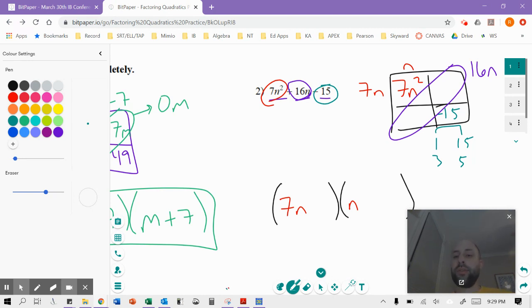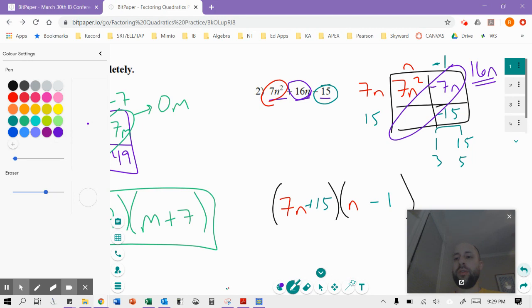If I put 15 and negative 1, I know that gets me negative 15. Down here, that would look like this. But then we need to check that middle term, and it needs to add up to 16n. If I do this, I get negative 7n and 15n, and that does not add up to 16n.